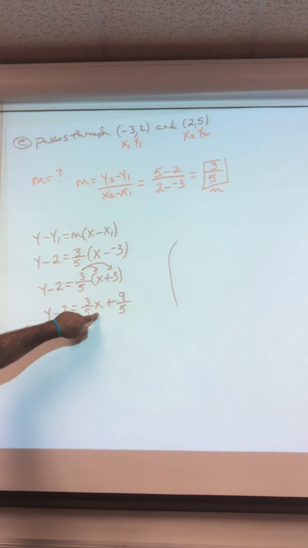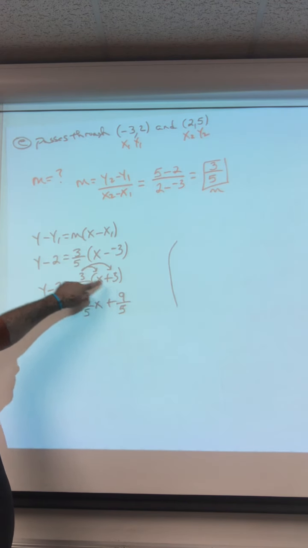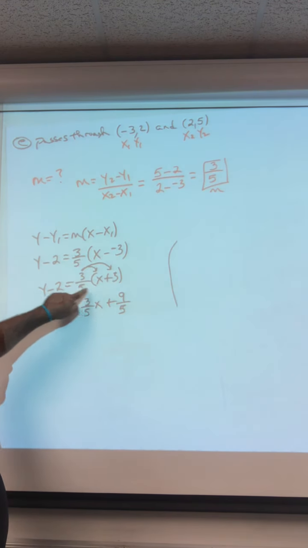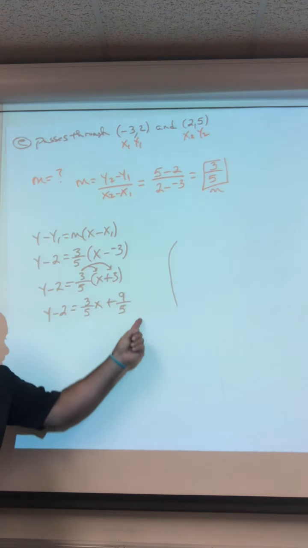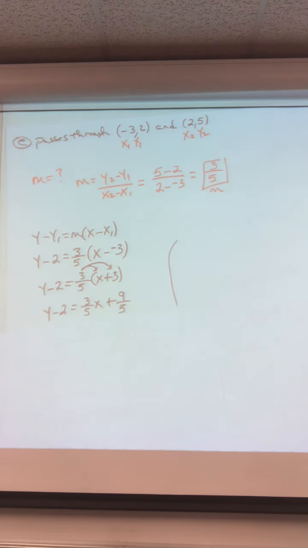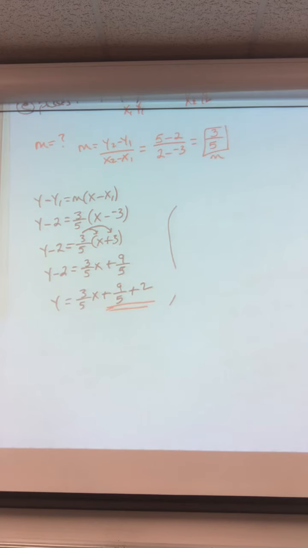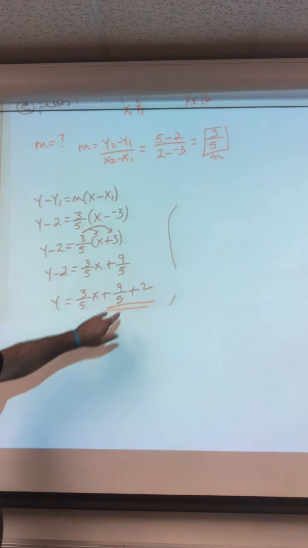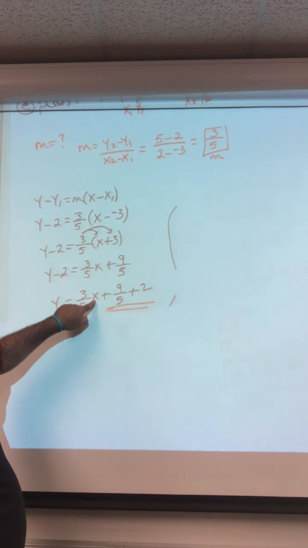3/5 times x is 3/5 x. 3/5 times 3/1. Numerator times numerator, denominator times denominator. Now add the 2 back across. And when I do, it becomes plus 2. And then you can add these 2 together, but you can't add it with this because this has an x with it.